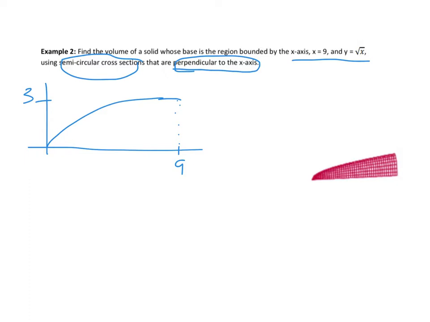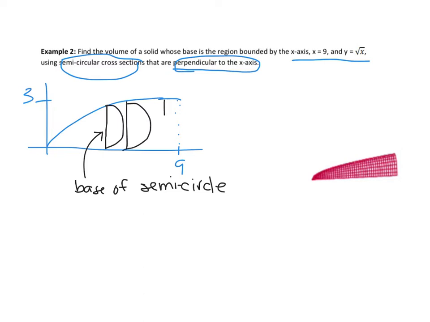Basically, this right here is the base of your cross section, which is a semicircle. So you're going to have a bunch of semicircles. You can imagine these are coming out of your device. And it varies depending on where you are. But if you think about all the semicircles coming out of that together, that's what we would have when we have this solid here.